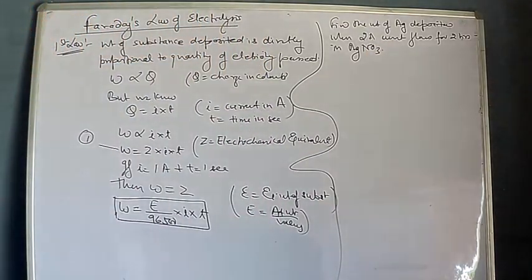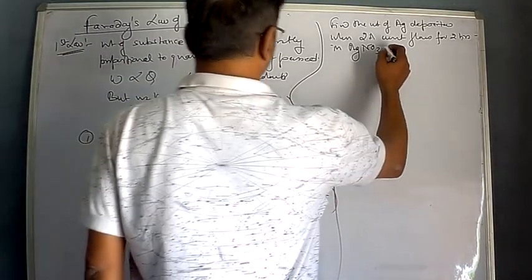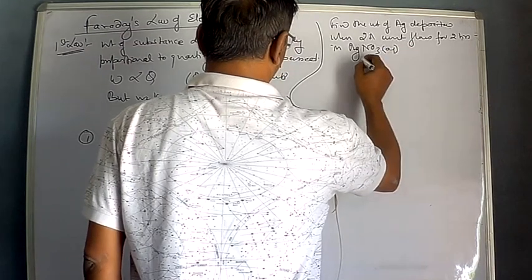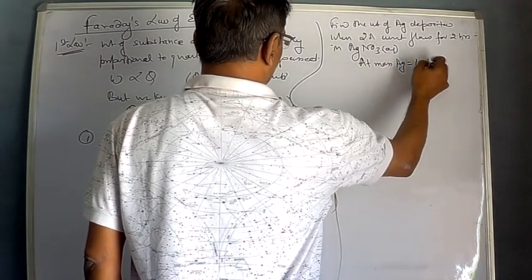Find the weight of silver deposited when 2 ampere current flows for 2 hours in aqueous silver nitrate. Given atomic mass of Ag equals 108.